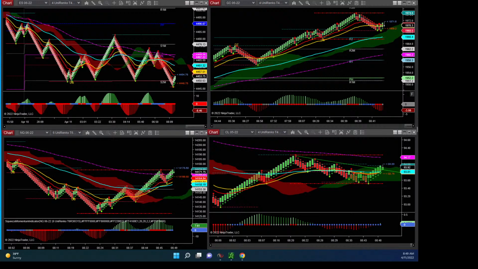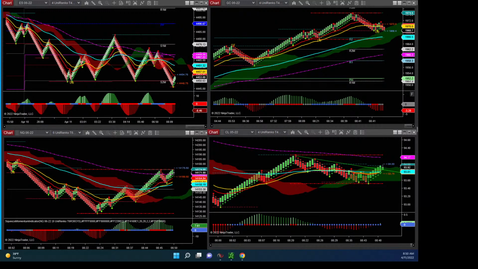ES moving higher. You see that that break didn't go that much lower. Found resistance at S2 mid level between S1 and S2. This is S1 right here, and then support 2 is right down below, so it's right in the middle.